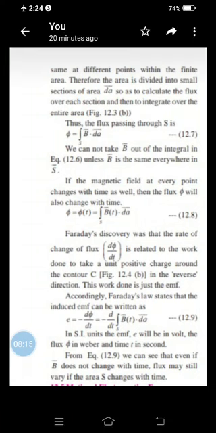From equation 9, we can see that even if B bar does not change with time, the flux may still vary if the area S changes with time. So this expression is for small e. We have completed flux of the field.